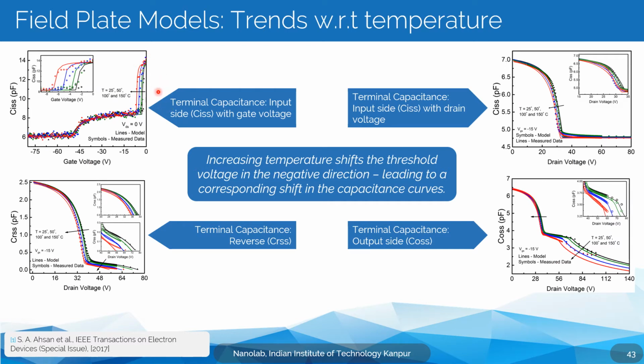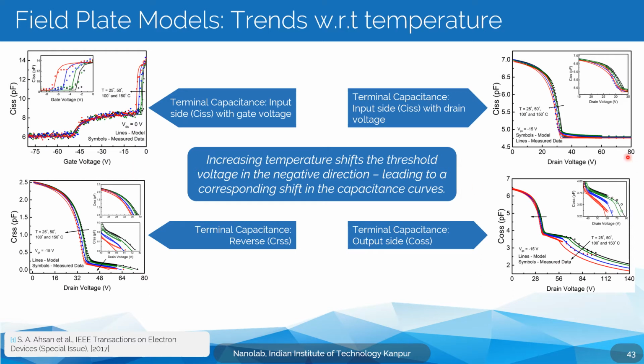As we go on increasing the temperature, these humps go on moving in the negative direction. That is, the threshold voltage starts becoming more negative, and these humps start appearing at more negative gate voltages. Remember, this is gate voltage. The previous graphs we saw were of the drain voltages.